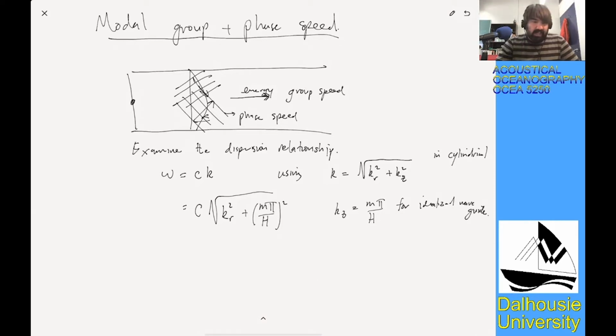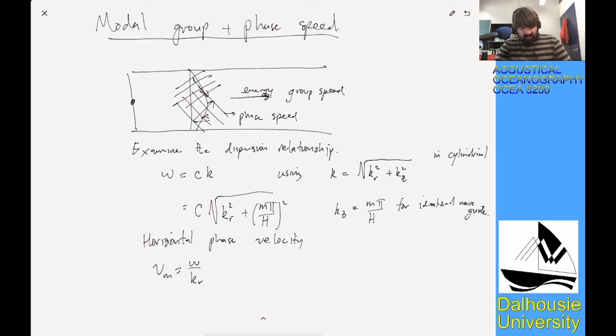Okay. So the horizontal phase velocity is simply given by omega over kr. That's going to be the horizontal phase velocity. And so this is the horizontal velocity of a particular phase in the plane wave representation of the mode, right?